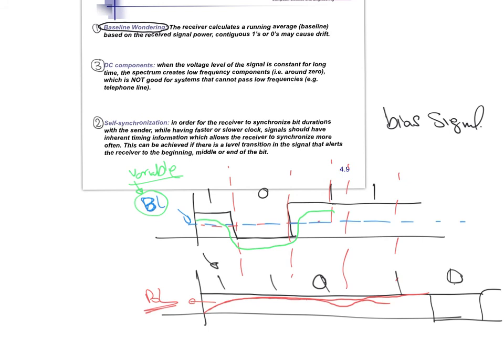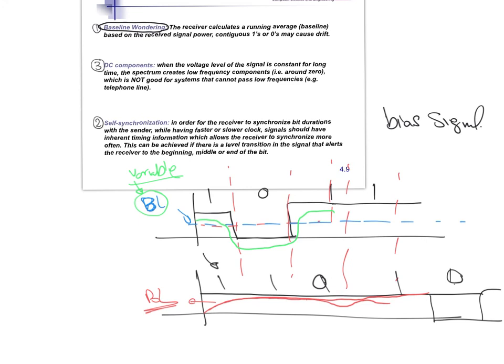Because it causes the baseline to wander up or down for a long period of time, and that increases the probability of error in detecting the voltage level. Okay, so that's what we mean by baseline wandering. When we have the same voltage level for a long period of time, the baseline starts to go up for a long period or go down for a long period.